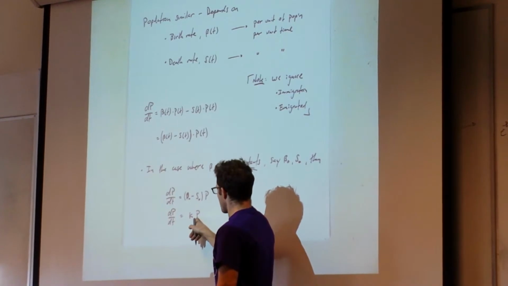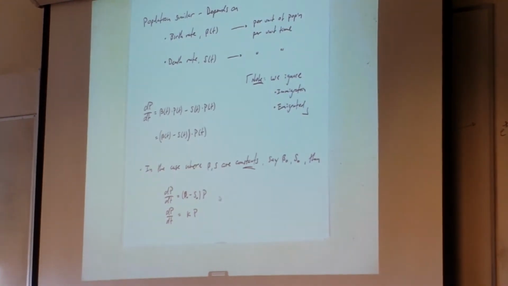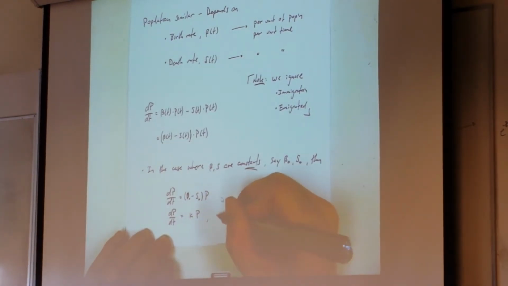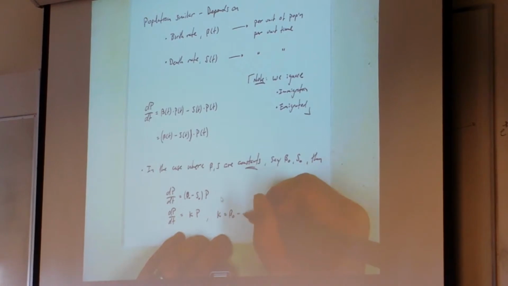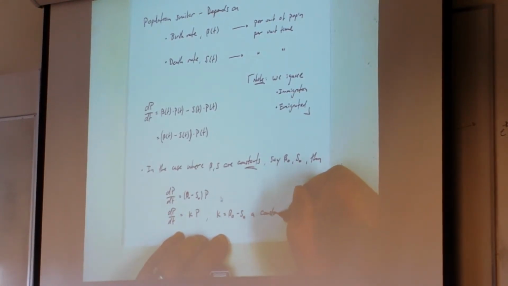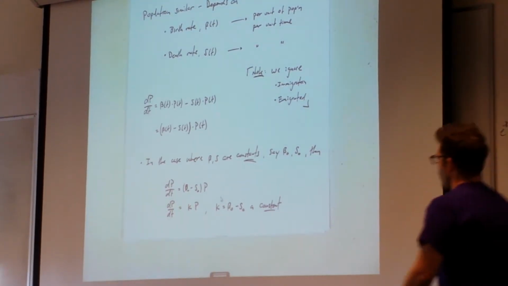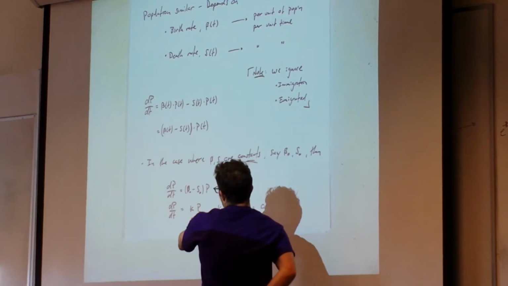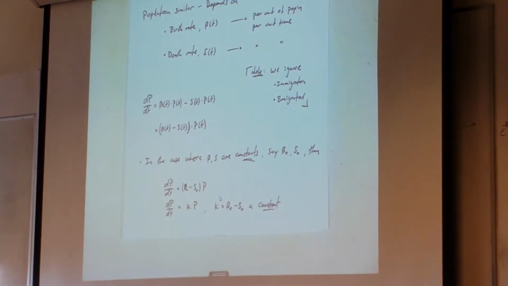K is a constant, it just represents beta naught minus S naught. So the growth rate is proportional to the current population. This is called the law of natural growth.